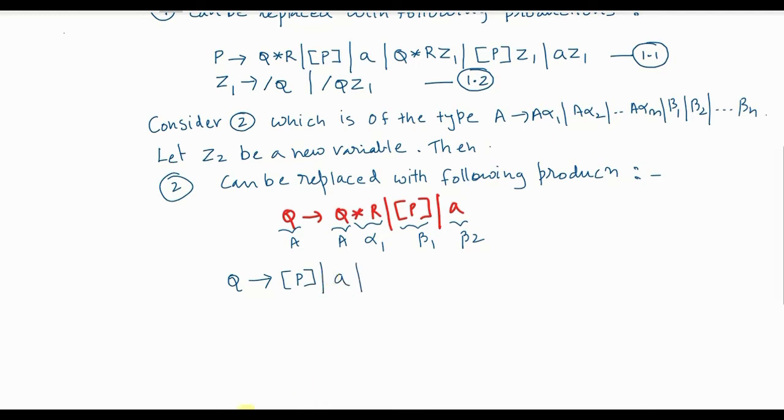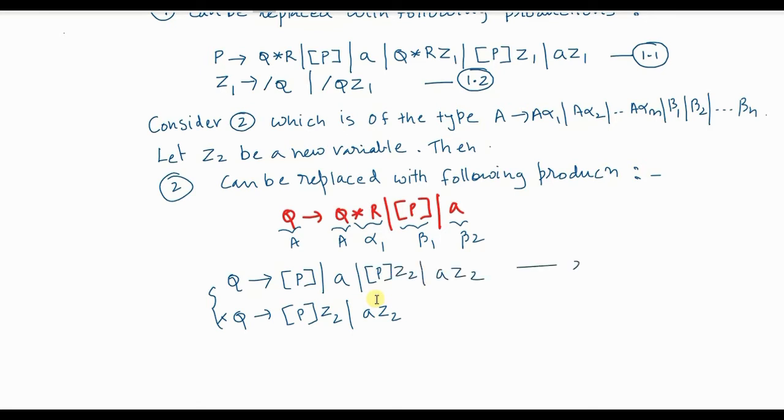Second equation, second production, wherein the same terms will be written, but Z2 will be added to each term. So Q can be written as the same terms, that is beta 1 Z2 or A Z2. So instead of writing 2, I will write it in the same production. I will just append it here, P Z2 or A Z2.